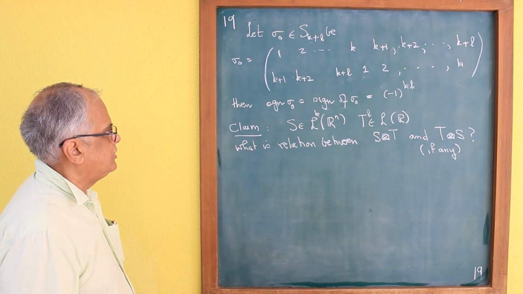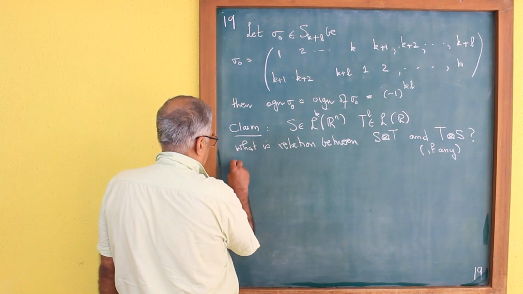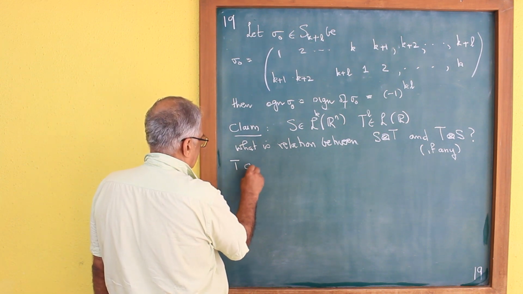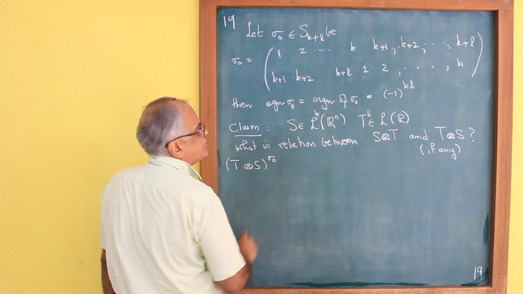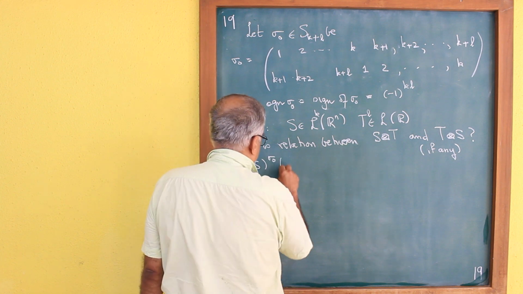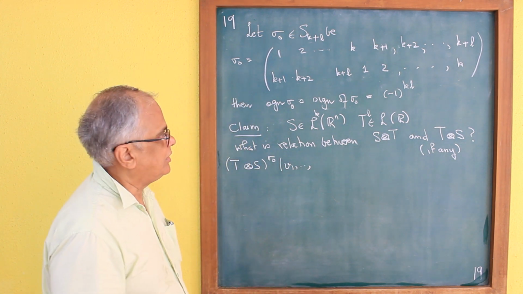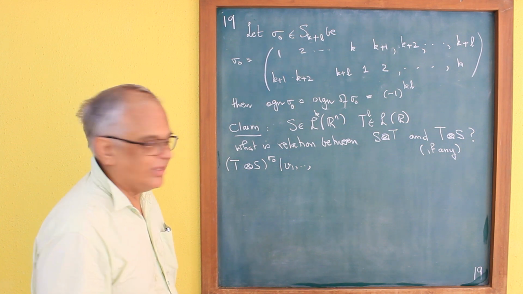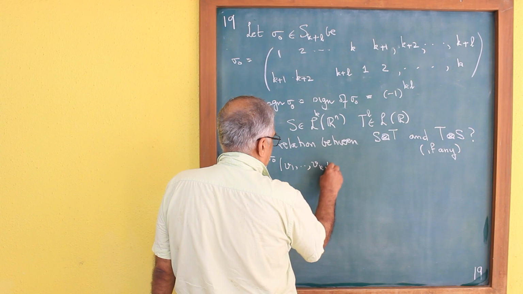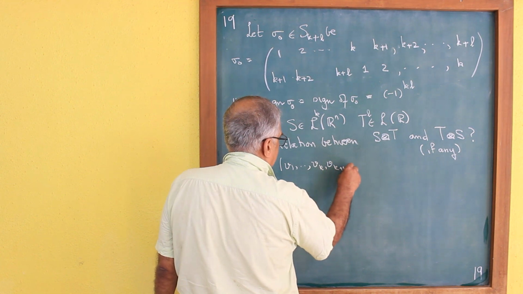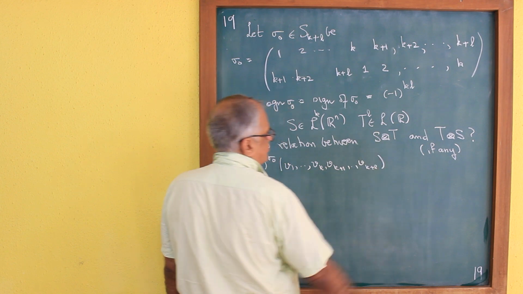So let me write down T tensor S upper sigma naught of V1, and so on. How many V's should I put in? I should put in k plus L V's: V1, V2, up to V k plus L.